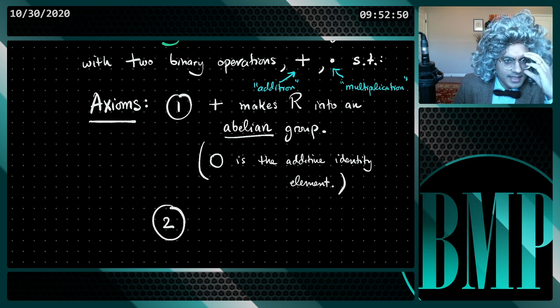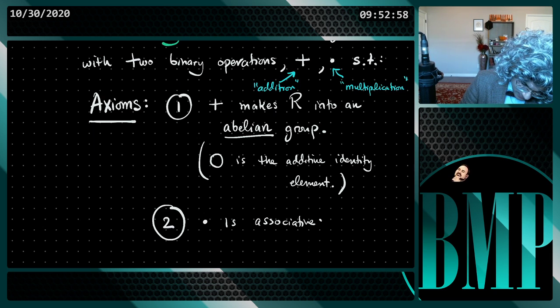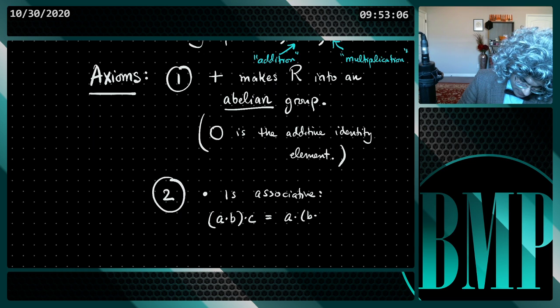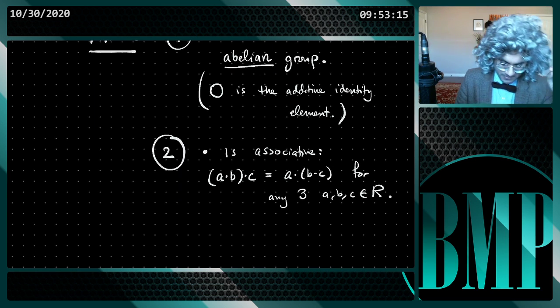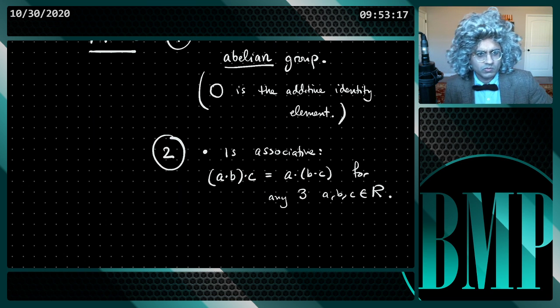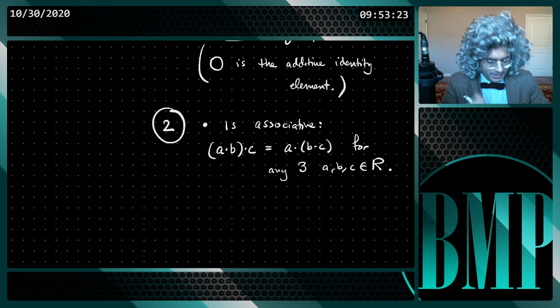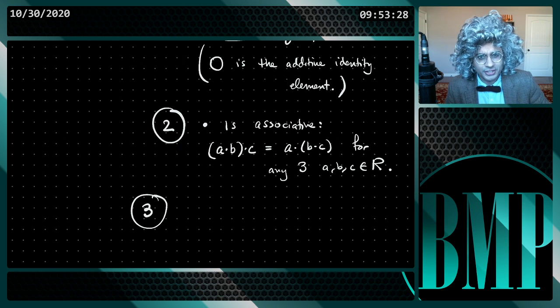Number 2. Multiplication is associative. Multiplication is associative. All right. Number 3. It's called the distributive law.